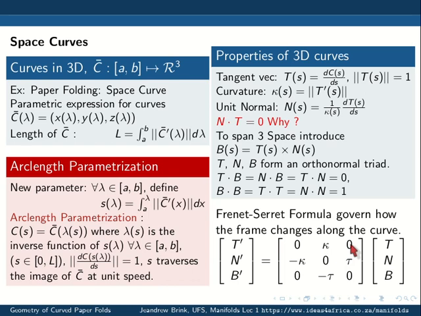Okay, so now what remains is we can say N prime. We know that N prime dot N is 0, but these other two can basically be any functions. Okay, and what we also have is B prime.